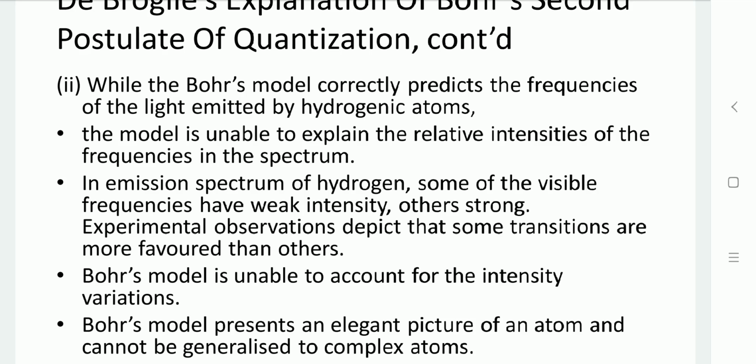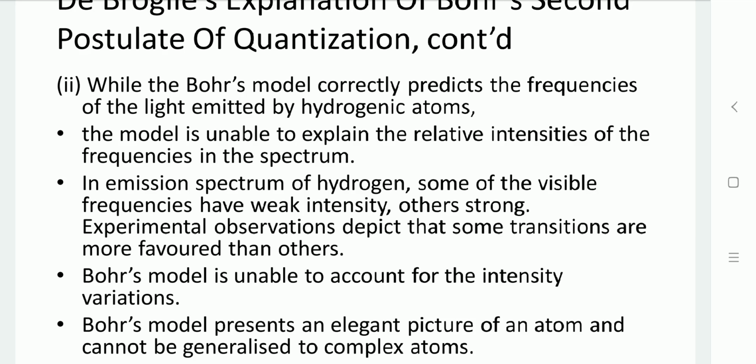The emission spectrum of hydrogen is available within the visible range, and experimentally we observe that some transitions are favored over others and intensity can vary. So the Bohr model is not able to account for the intensity variation.